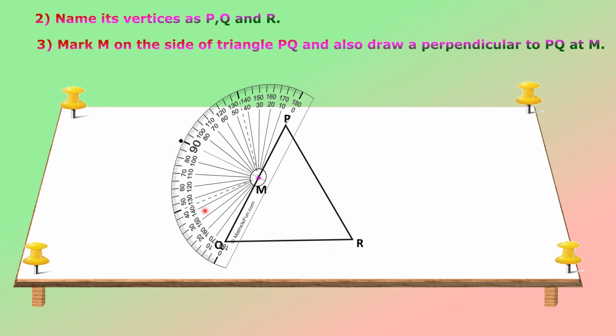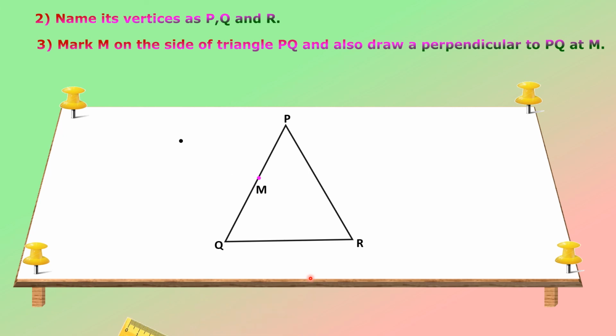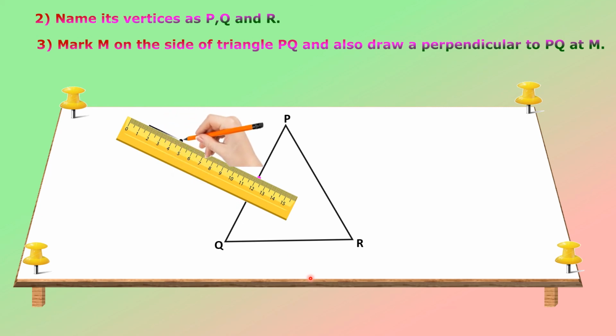Here is 90 degrees. Then draw the normal. This is the normal I am drawing, normal to PQ at the point M.